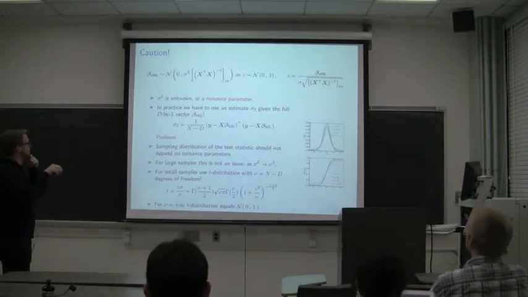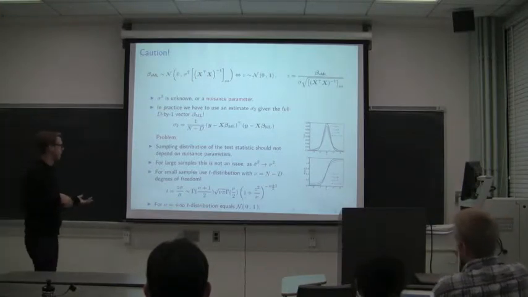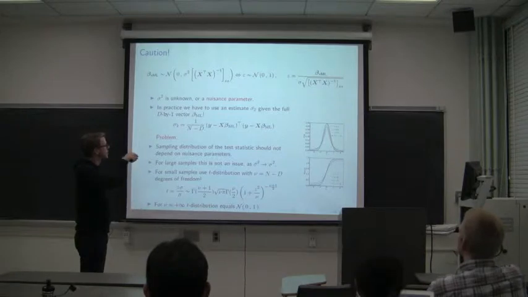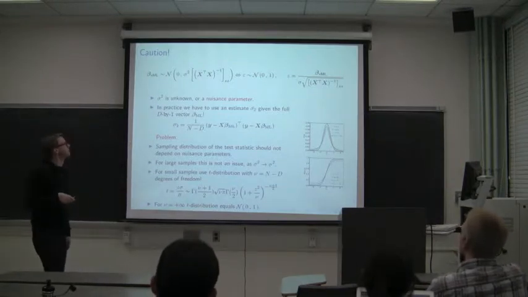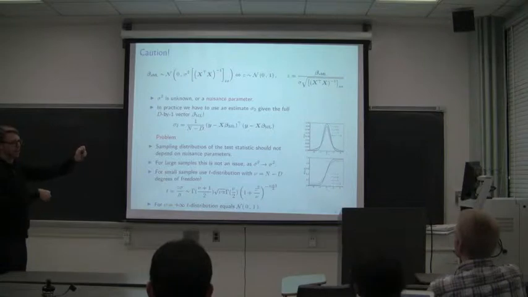Oh yeah, this is a square, still a square, not a sub 2 here. And it turns out you can show that this is a chi-squared distributed variable, which is independent of this Gaussian distributed variable that we are dividing by it. And if you have a Gaussian distributed variable divided by an independent chi-squared distributed variable, you get a t-distributed variable.